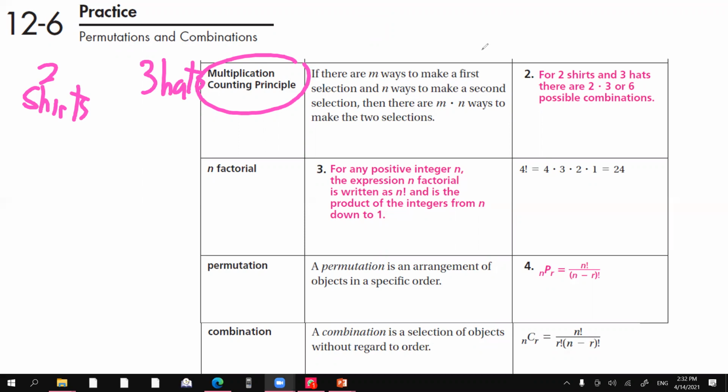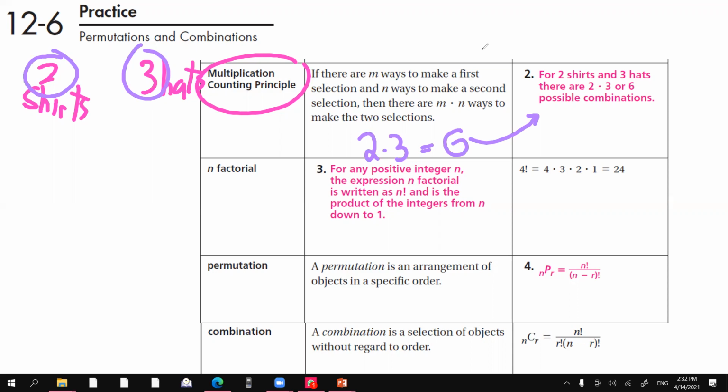How many choices do you have? In order to know, you multiply 2 times 3 to get 6. This 6 is the number of choices I have.